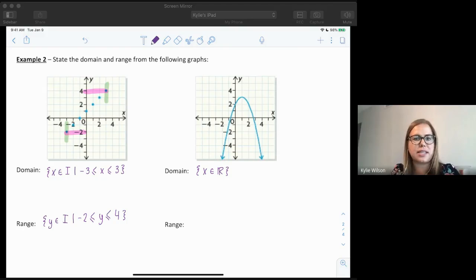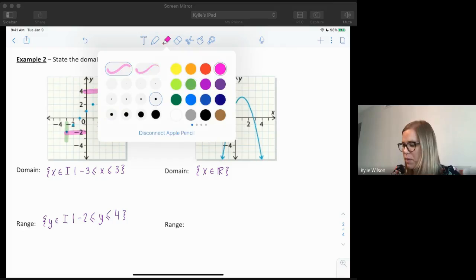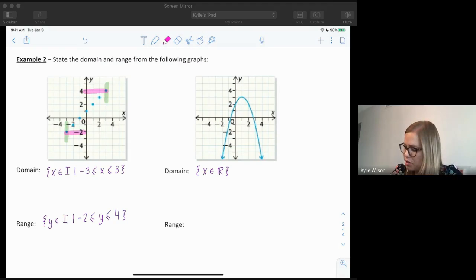And the reason this time it's an R instead of an I is because the curve is connected. So we have all of the values in between all the nice points as well. Now for my y's, I want to see if there's anywhere where my y's are limited. If I look, my graph curves up, hits a turnaround point, and then comes back down.